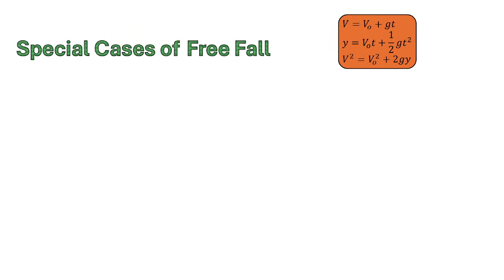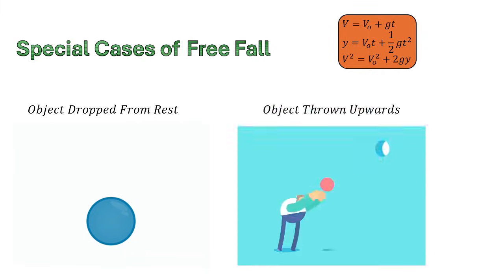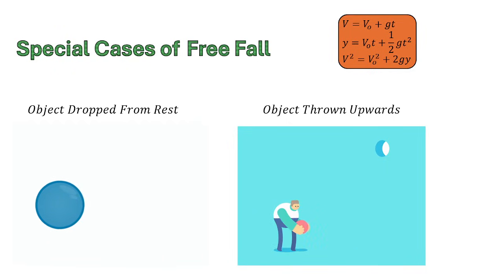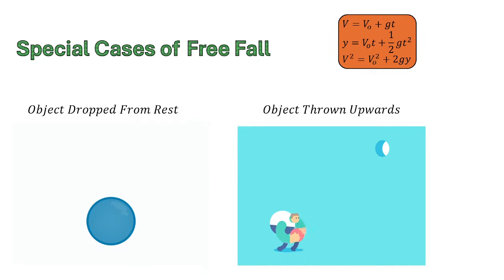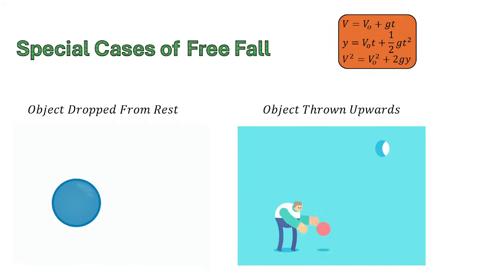There are two special cases of free fall: one is an object dropped from rest, and the other is an object thrown upwards. The illustration here for the object thrown upwards is not really accurate, because in free fall we are just going to discuss the motion of an object on the y-axis.